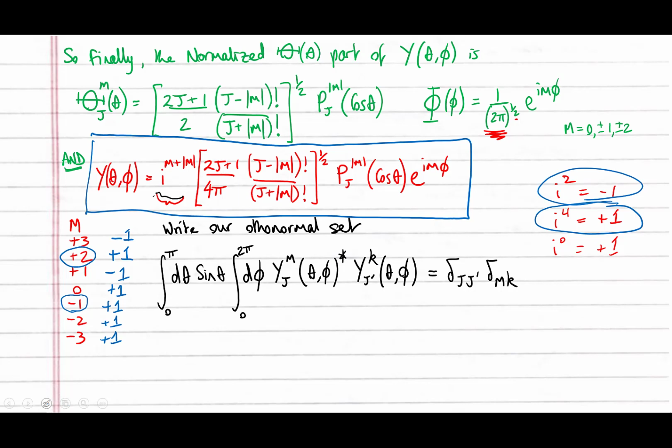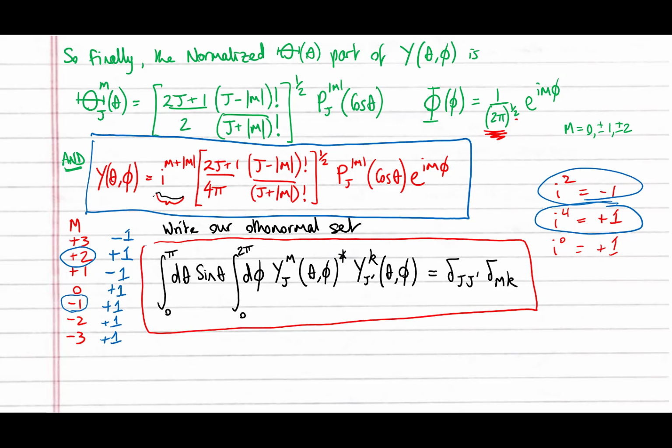This expression is our final shorthand that informs us of our orthonormality: the orthogonality, when either j is not equal to j prime, or when k is not equal to m, or the normality on the normalized piece where j is equal to j prime and m is equal to k. You need both of those conditions to be true in order for us to get a normalized wave function.